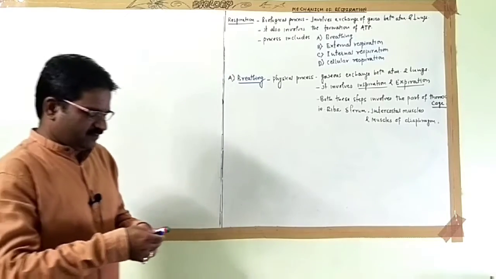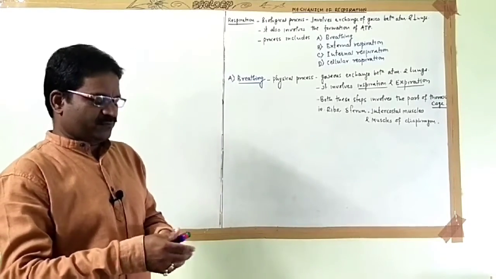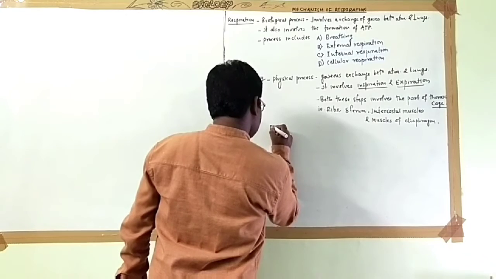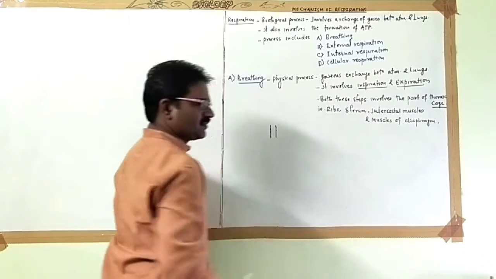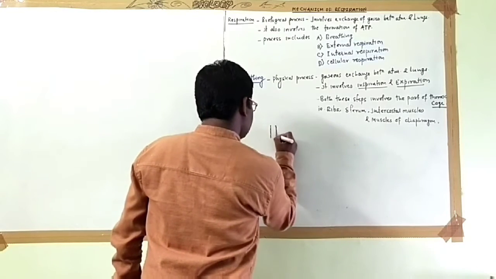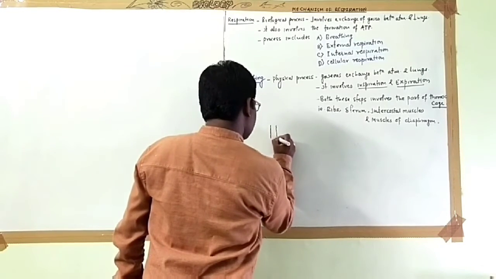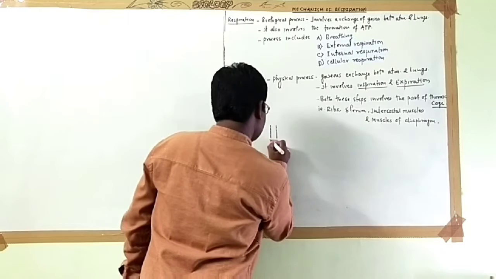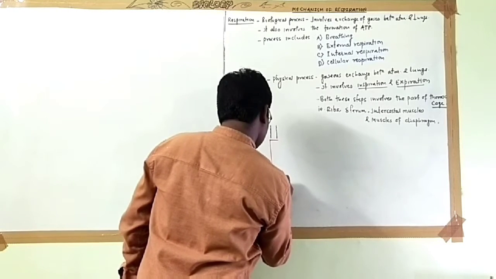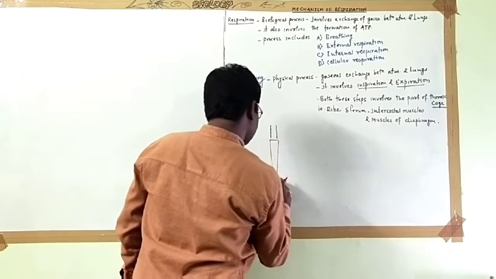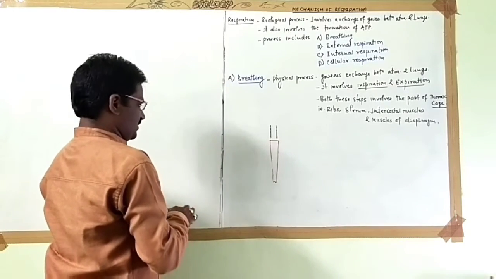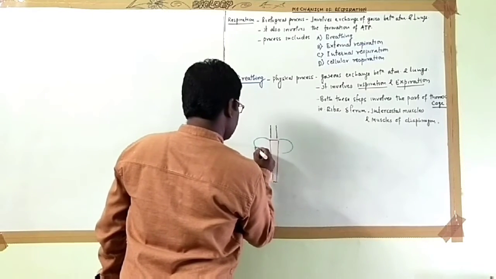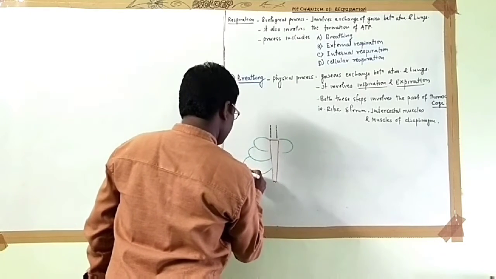First we will see the diagrams of inspiration and expiration. Suppose this is the air passage. Consider there is a bone, the sternum, and to this sternum ribs are attached. Suppose this is the first rib, second rib, third rib, so many.